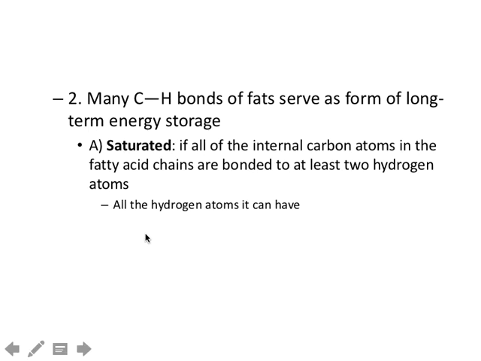There's actually 2 types of fats. Maybe you have come across these terms, saturated and unsaturated, and had no idea what they meant. Well, now we're going to find out what those 2 terms mean. So saturated means that of all the carbons that are listed, they are bound to hydrogen to the full extent. It has all the hydrogen atoms it can possibly hold.